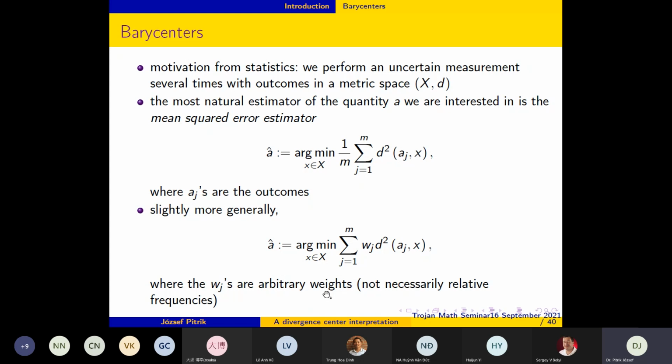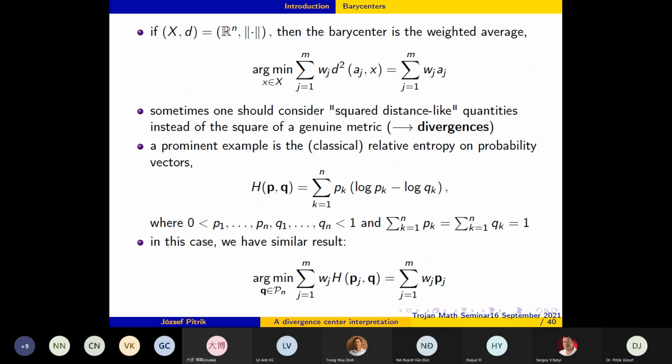In a lot of cases, the weights are probabilities, that is, they sum up to 1. It's easy to check that if we consider the n-dimensional real Euclidean space as the metric space, then the barycenter is the weighted average, which is nothing else than the weighted arithmetic mean of the outcomes.